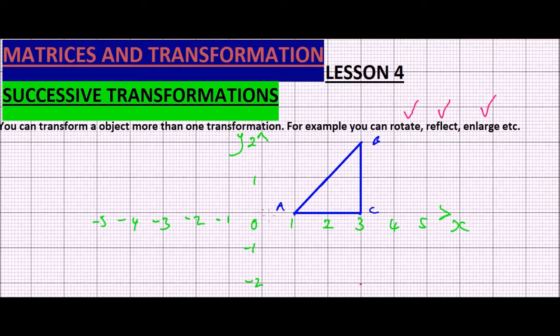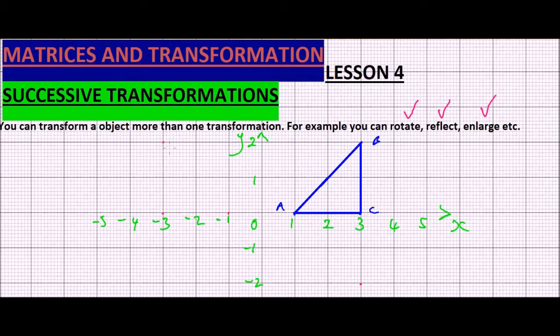Our first transformation, we can reflect it through the line, the y-axis. This is the line of reflection. Our A will be reflected to this point. Our C will be 3 units from the y-axis, and our B will also be 3 units here.